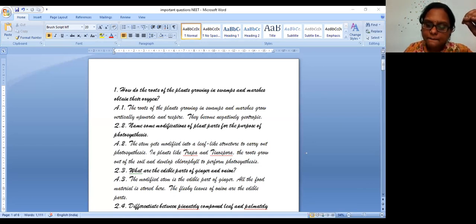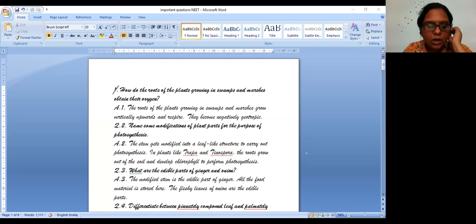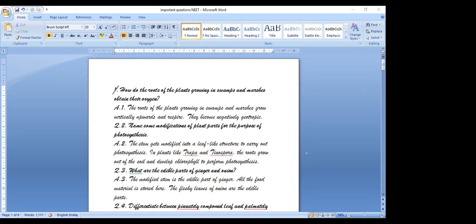Oh, I remember that it has velamen, but oh my god, I forgot the root name. No, the line is not clear, Priya. What is that? It has velamen tissue. Velamen tissue, this one? Actually, the line is not at all clear, Priya.